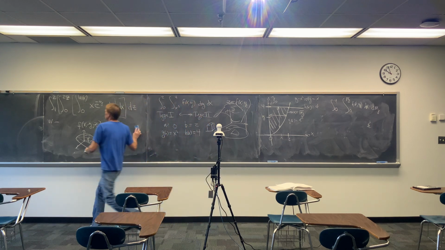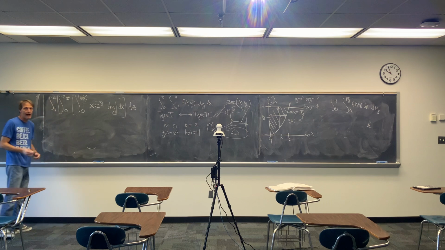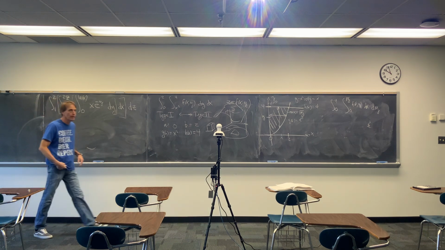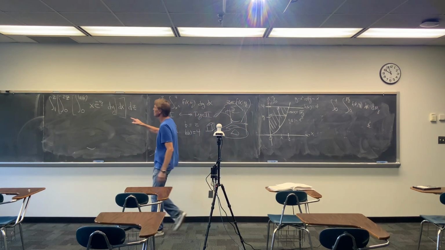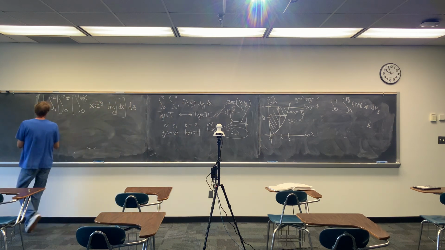Okay, so let's try to do this, and then we're going to end class. And I don't know how much of this I'm actually going to end up doing before I end class. In my most inner integral, the integral with respect to y, who can behave like a constant? X. So let's pull that out.